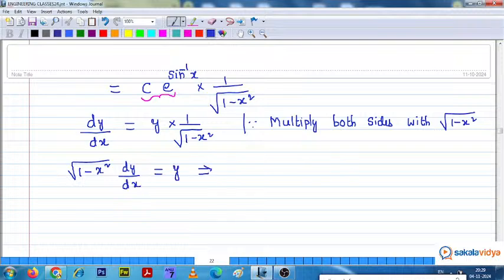Now let us transpose y to the left hand side. So, we get root over 1 minus x square dy by dx minus y is equal to 0. So, this is the required differential equation.